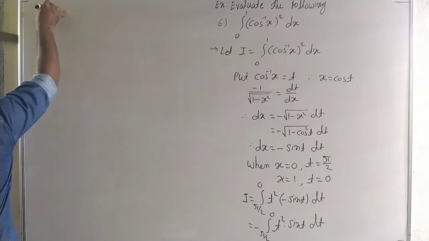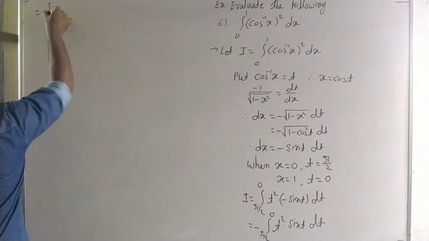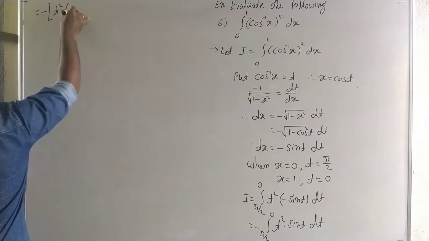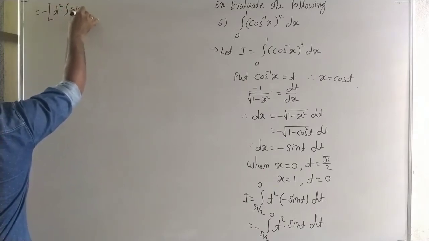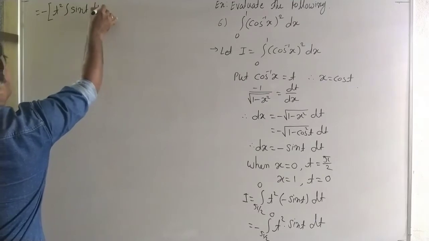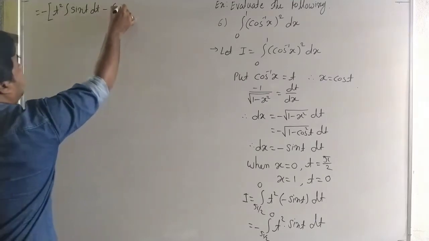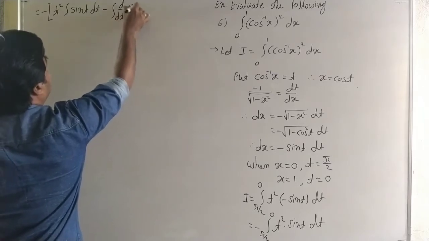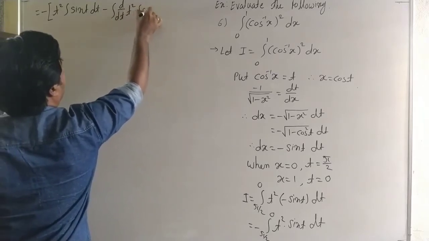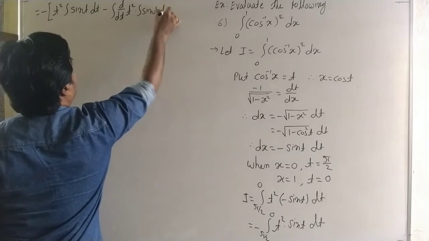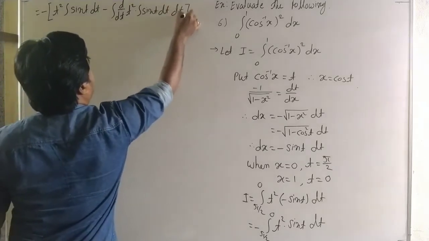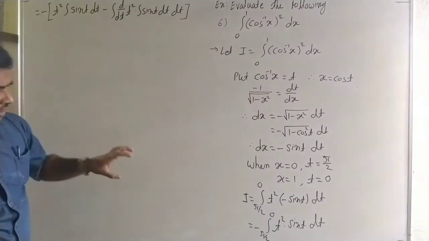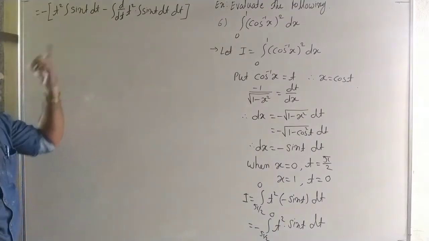Therefore it is minus, u into integral of v, that is the integral of sin t dt, minus the integral of the derivative of u into the integral of v, dt. Here the limits are pi by 2 to 0. We can apply the limits after solving this integral.